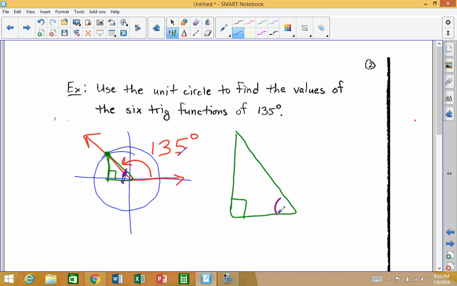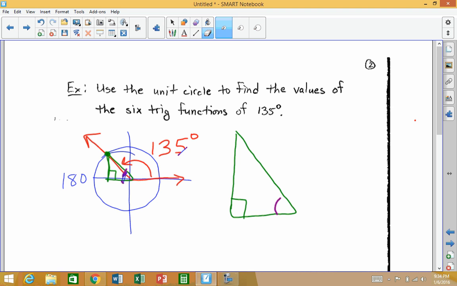So what's the distance from 135 to 180? Switch to blue. So 135 to 180, well, that distance is 45 degrees.